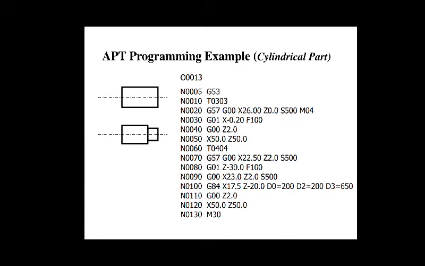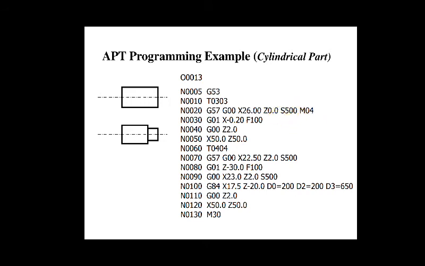After that we select the tool, that is tool number 303, then we set the working 0 point. G00 is for rapid tool movement, and we set the working 0 point at X26 Z0. Also we have set the spindle rotation in the counterclockwise direction with a speed of 500.